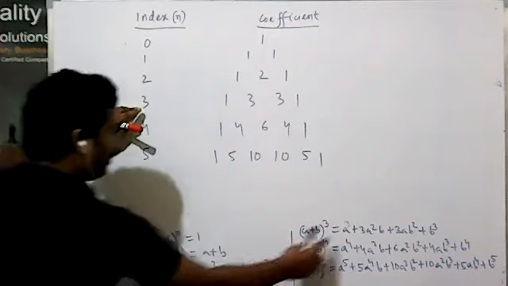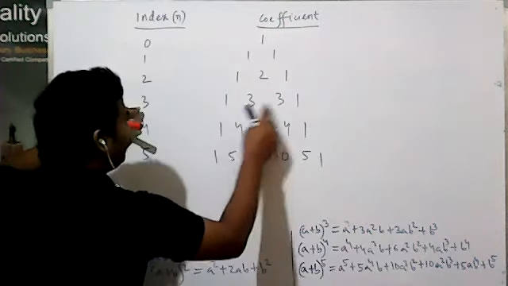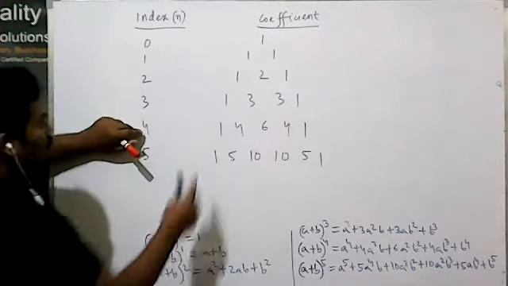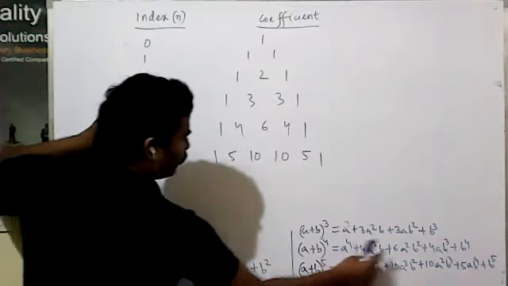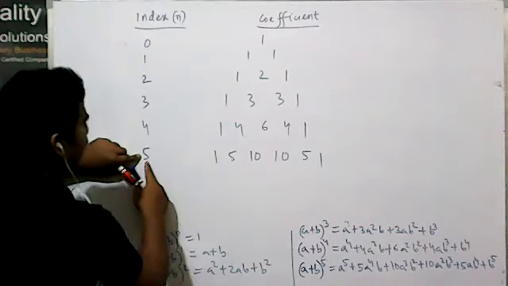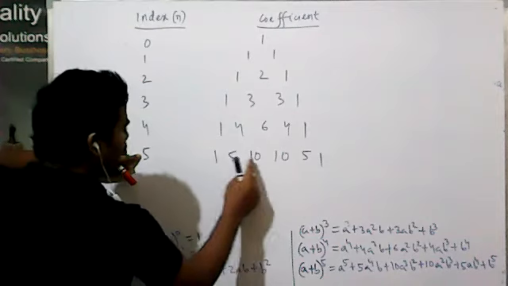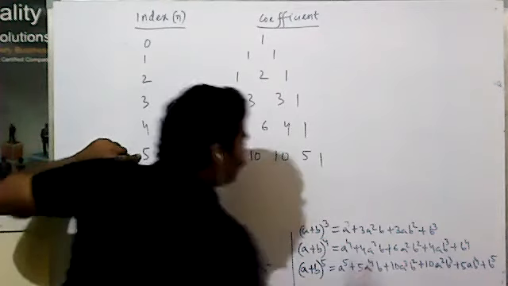If the index is 3, the coefficients are 1, 3, 3, 1. If the index is 4, they are 1, 4, 6, 4, 1. If the index is 5, they are 1, 5, 10, 10, 5, 1.